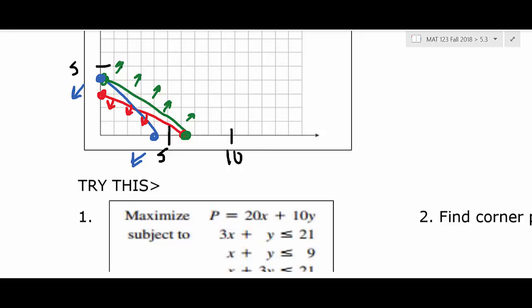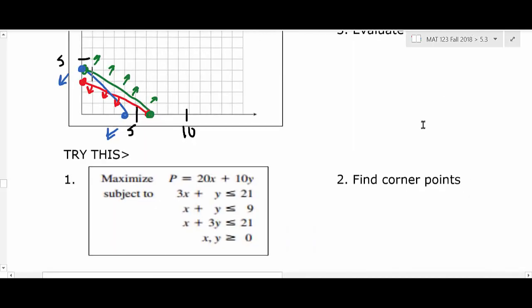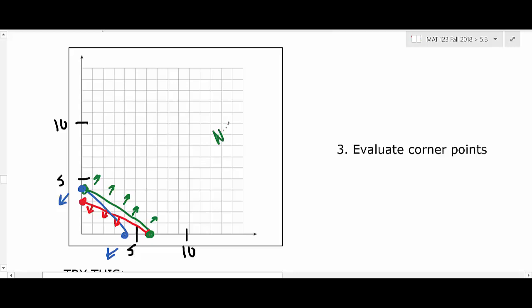So if you're down here, you can't be down there and up there at the same time. So there's no solution. This problem has no solution. There's no feasible region on this. That can happen sometimes on these problems. Sometimes there's no feasible region, so there's nothing that you could shade. So it would be no solution.